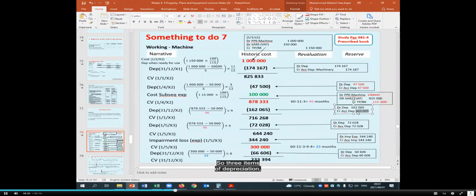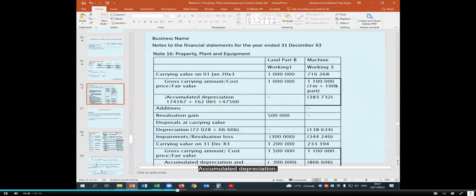So 3 items of depreciation. No impairment as at 1st of the 1st, 2003, the beginning of the year. So these 3 amounts, the 174, 47, and 162, that's your opening accumulated depreciation.